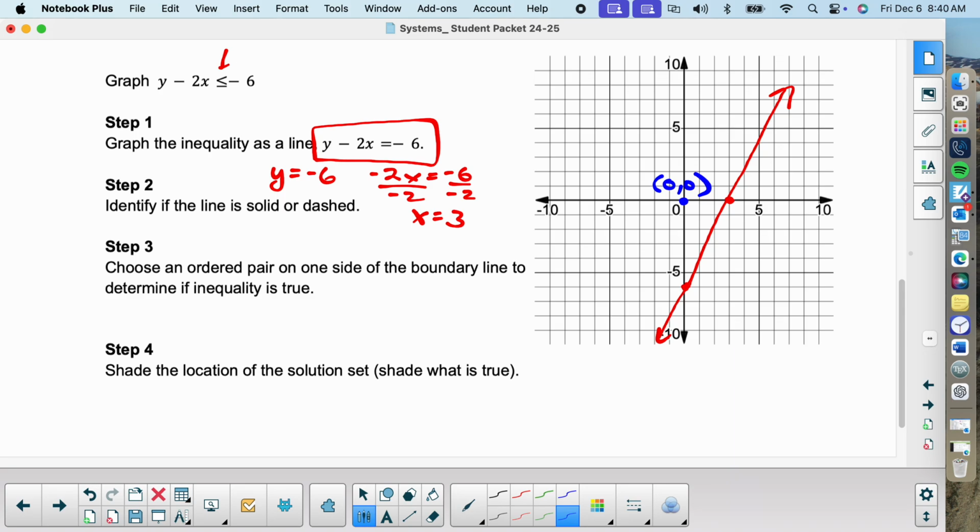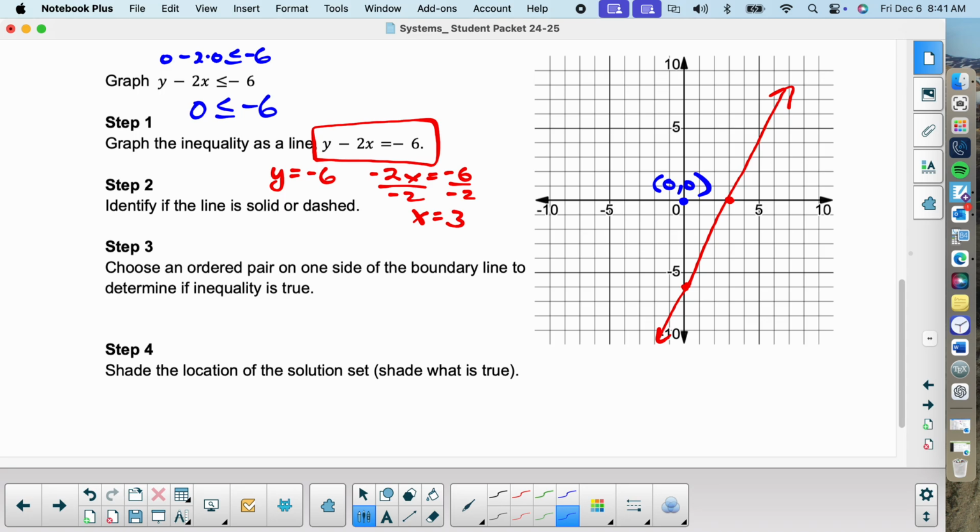So 0, 0, I'm gonna put it in the equation. 0 minus 2 times 0 less than or equal to negative 6. 0 minus 0 is 0. And then I need to figure out, is 0 less than or equal to negative 6? So is 0 smaller than negative 6?